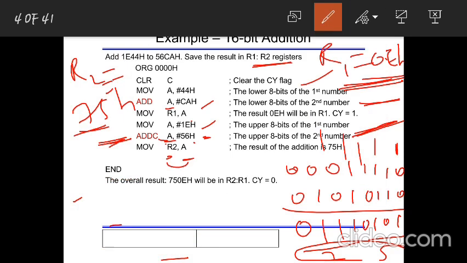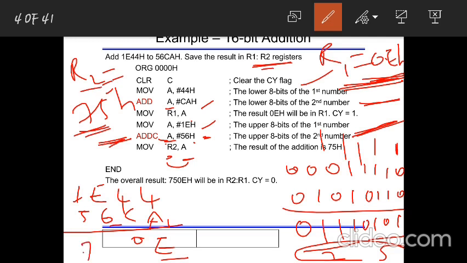So now I added 1E44 and 56CA. When I added the lower bits 44 and CA, I got 0E, which is stored in R1. Then when I added the upper bits with the carry which I got from the lower bits, I got 75, which is stored in R2 here. So when you add these two 16-bit numbers, I got 750E as a result.